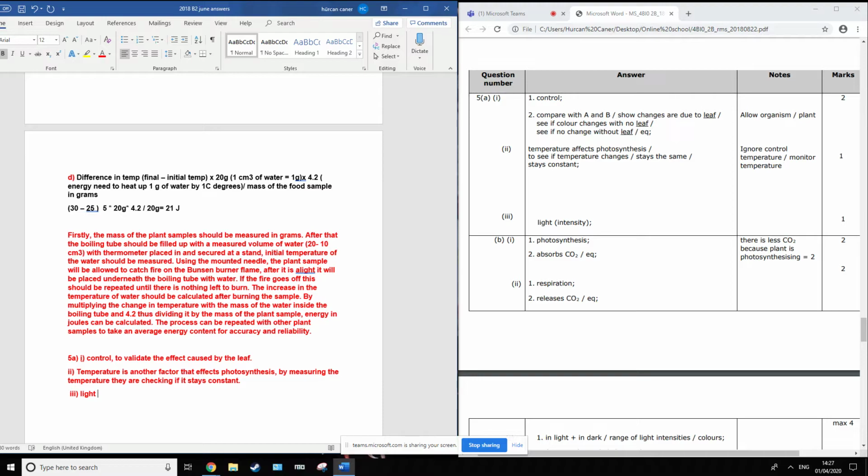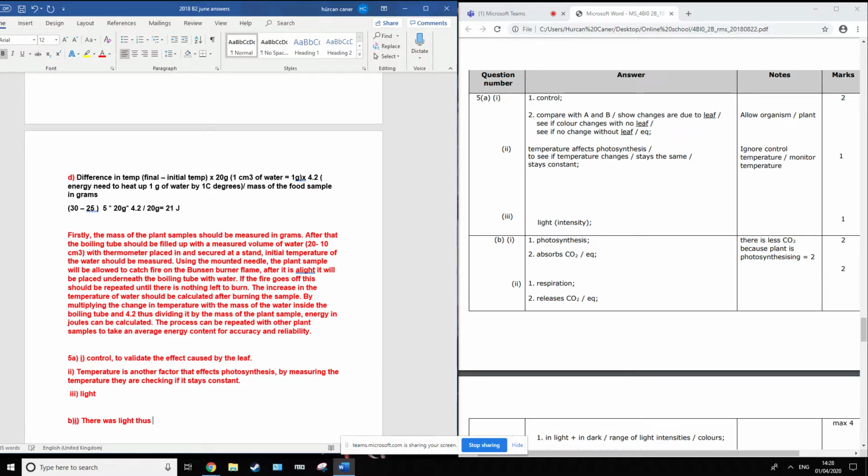Explain the change in color of the indicator in tube A. Yes. Any answers? Photosynthesis. So there was light.